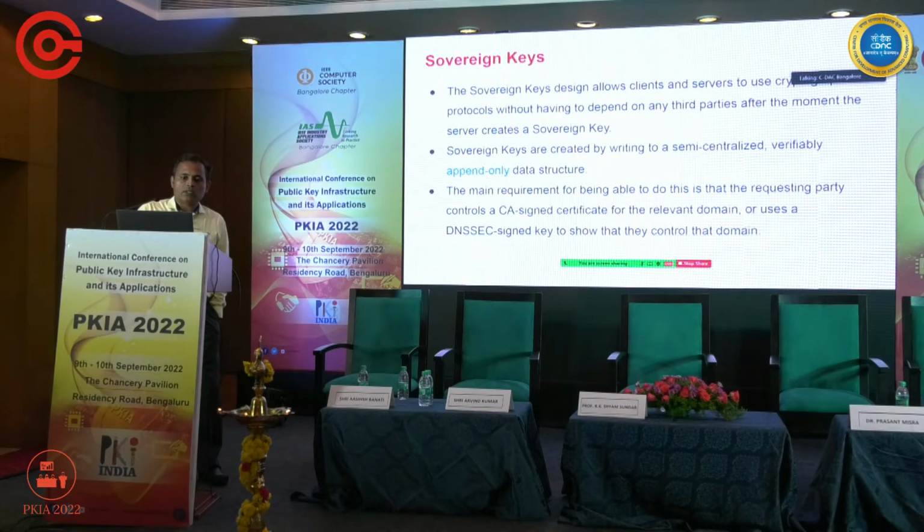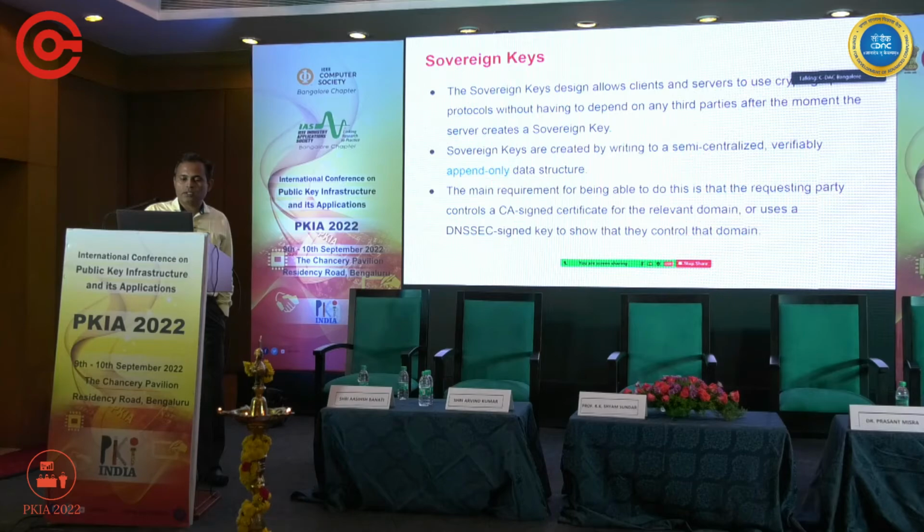This is another approach that people have tried, in which they rely on X509 initially, and at some point they agree and generate a sovereign key, and that becomes the root anchor. They declare that that is the root of their trust from that point onward.